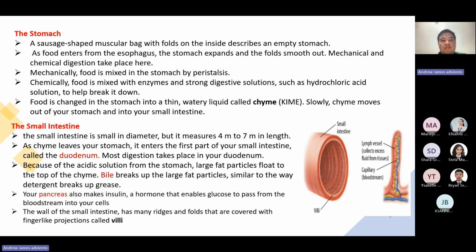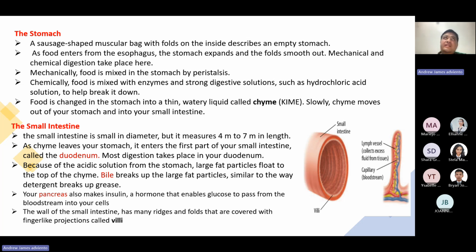So in the duodenum, this is where they can get bile and other digestive juices. So ang bile pala, by the way, it breaks up the large fat particles, similar to the way detergent breaks up grease.